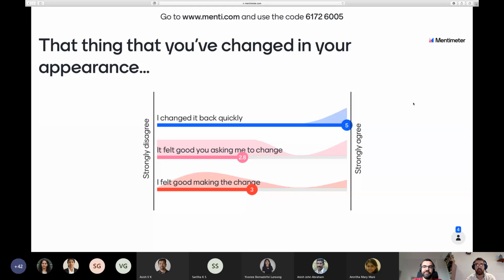Or have you still got that change that you've made? How did you feel? Did it feel good from me asking you to change? Or did you sit and say, huh? Who's this guy who's asking me to change something? And then how did you feel whenever you made the change? Did it feel good?